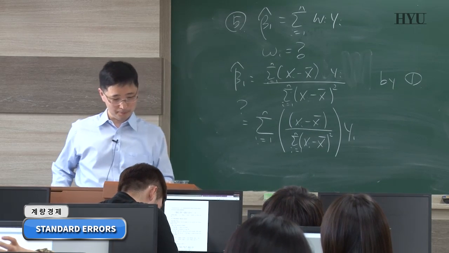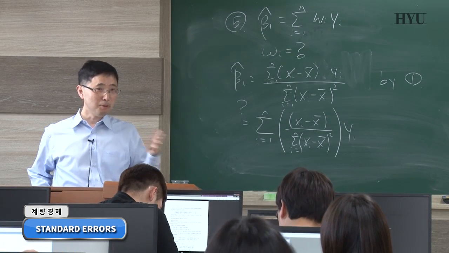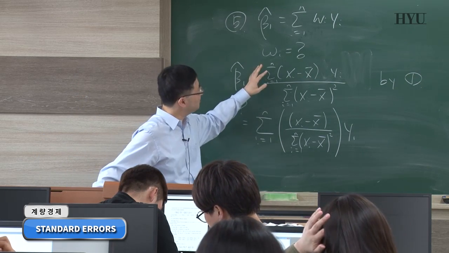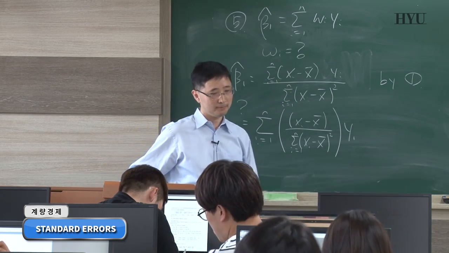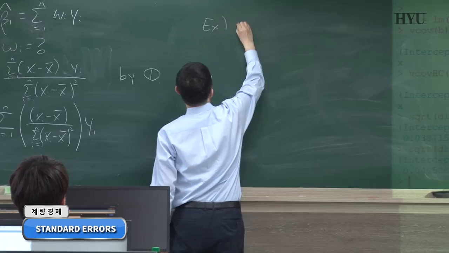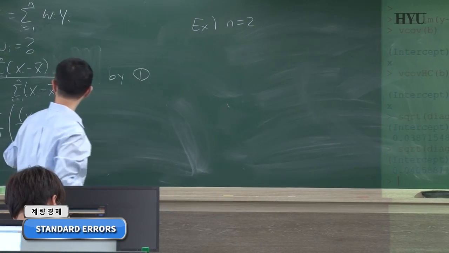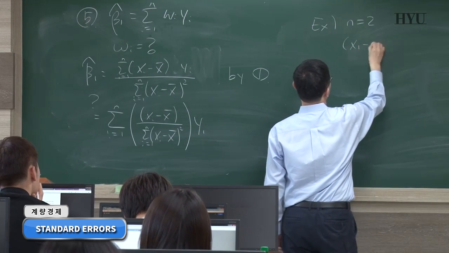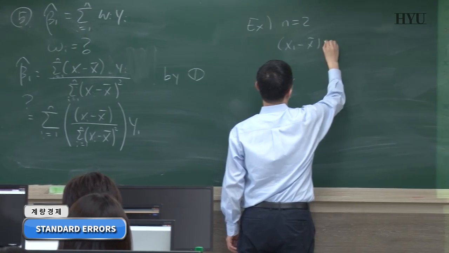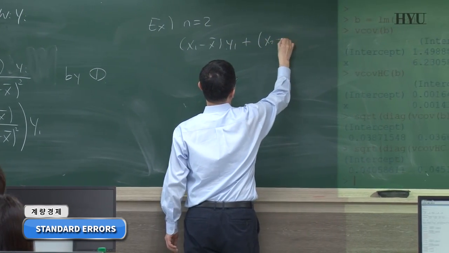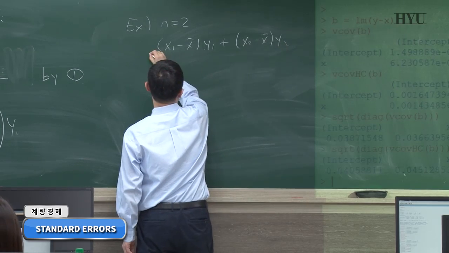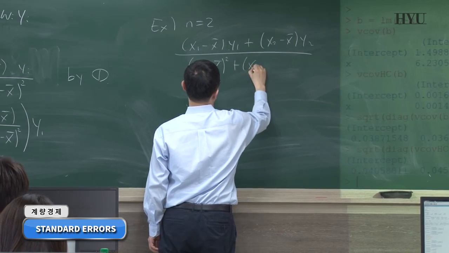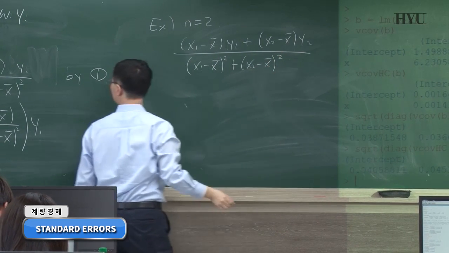Why don't you write it down? To simplify things, assume that n is equal to 2. Don't use the summation, and rewrite this expression. What I ask you to do is to rewrite this expression in a very simple case when n is equal to 2. That's what it means, right?